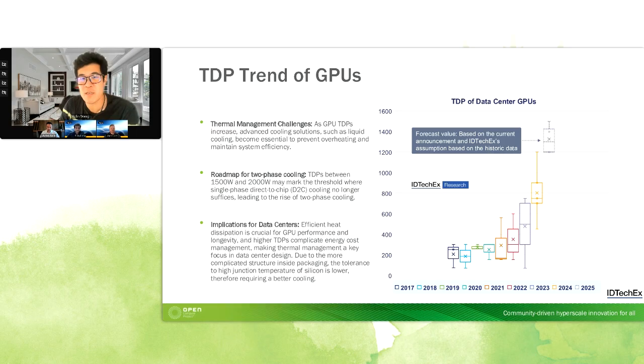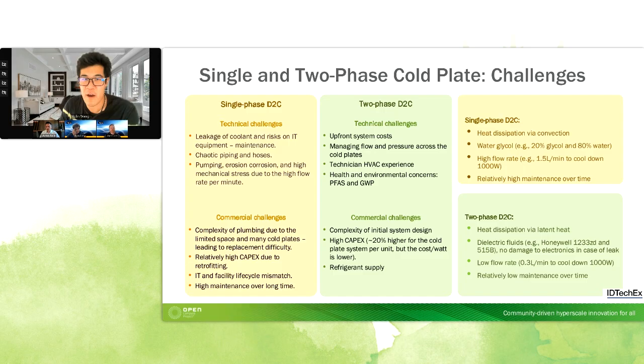Which means people kind of have to transition. It's the critical timeline for the transition to two-phase direct-to-chip cooling.